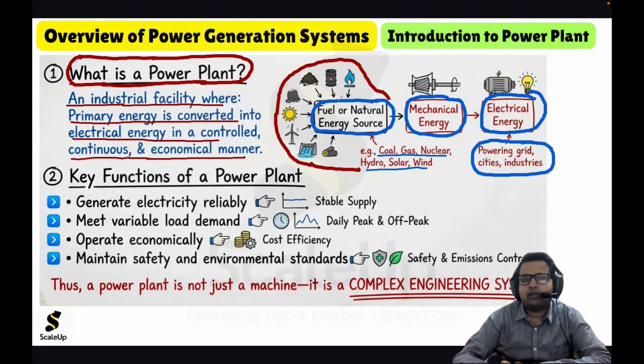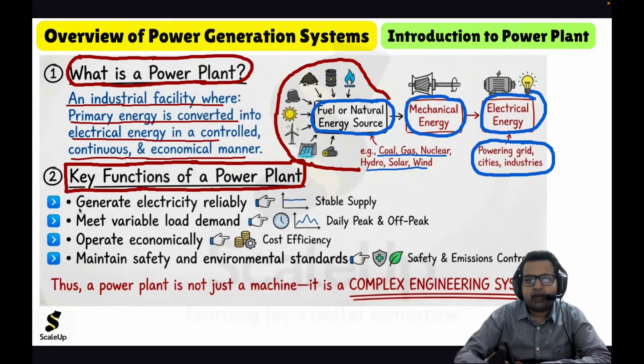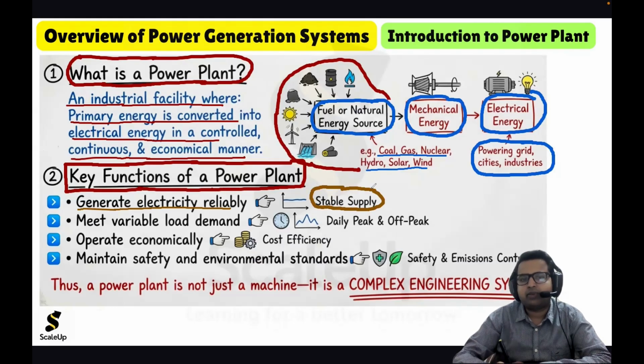Now we have a very good understanding of what a power plant is. Now, what are the key functions of a power plant? Power plants are responsible for generating electricity reliably. What is the meaning of reliable here? Stable supply. Power plants ensure a stable supply of electricity, and hence if you look around you will see the supply of electricity is relatively stable.